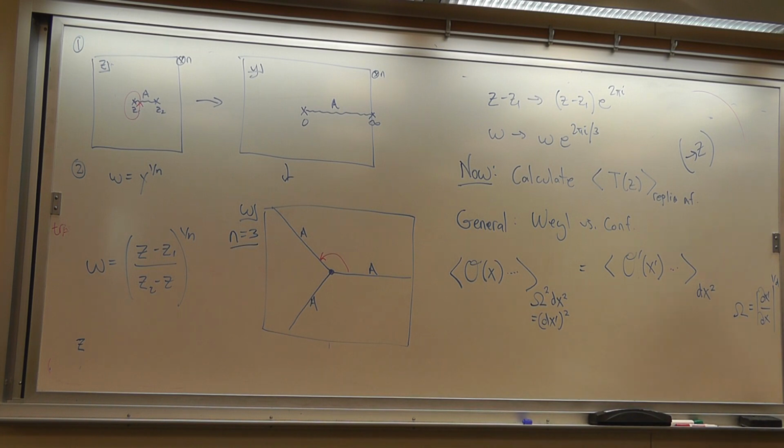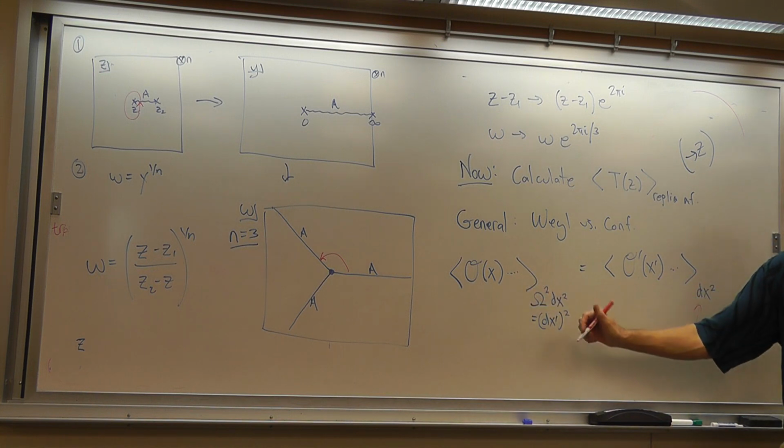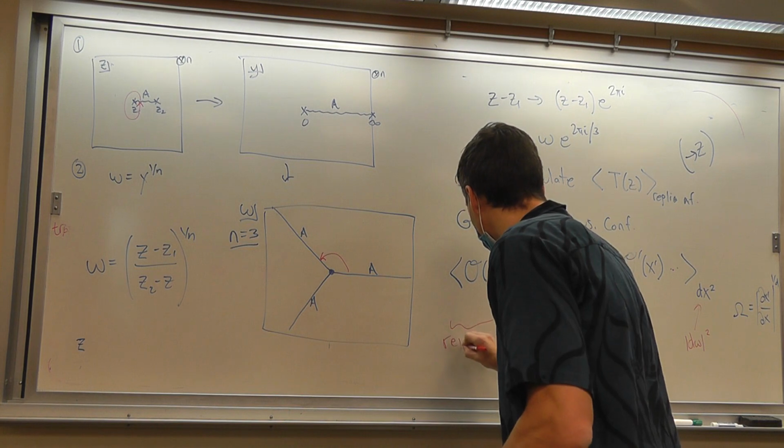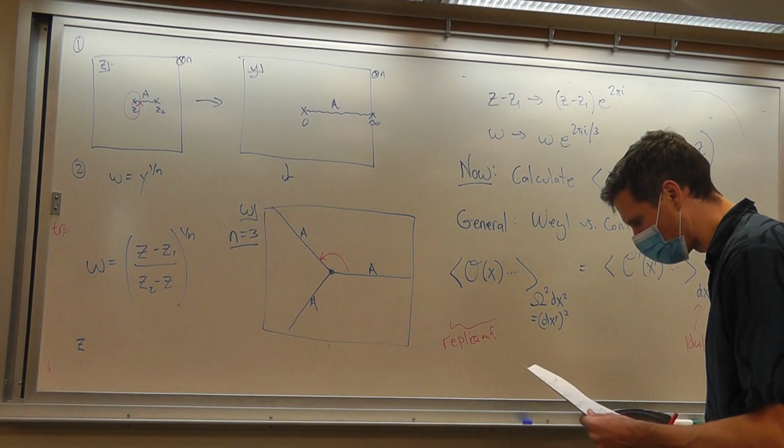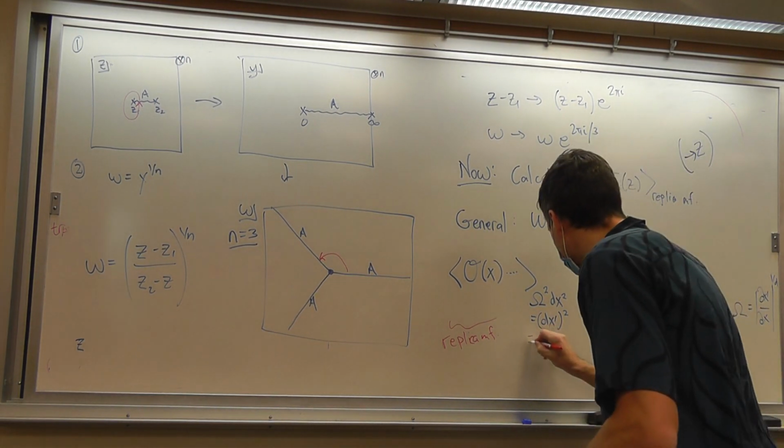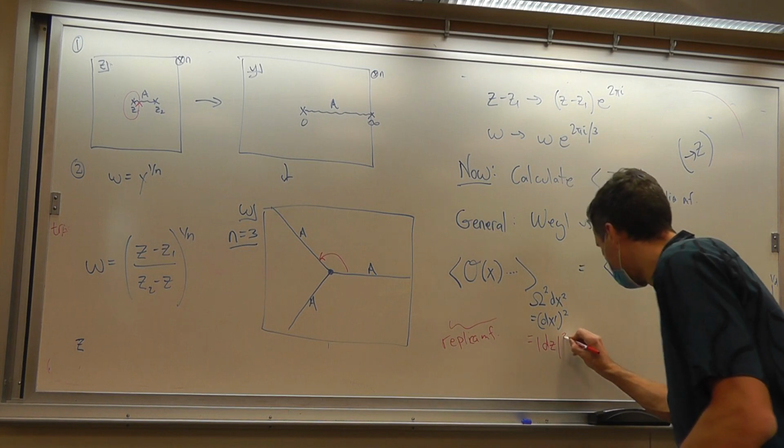So in our case, the right-hand side of the formula, you're going to think of as the metric dw squared. So on the right-hand side is the w coordinate, the w plane, and on the left-hand side is the replica manifold, that crazy z-plane thing. This will be equal to dz squared on the left.